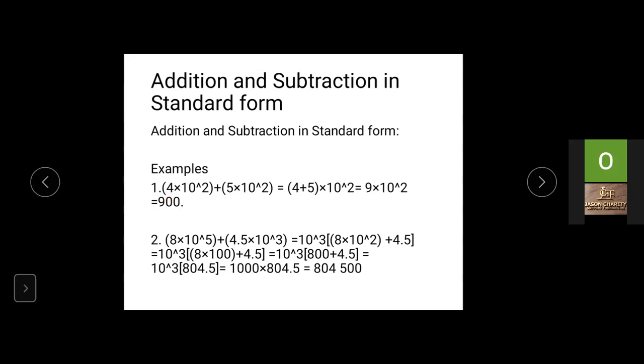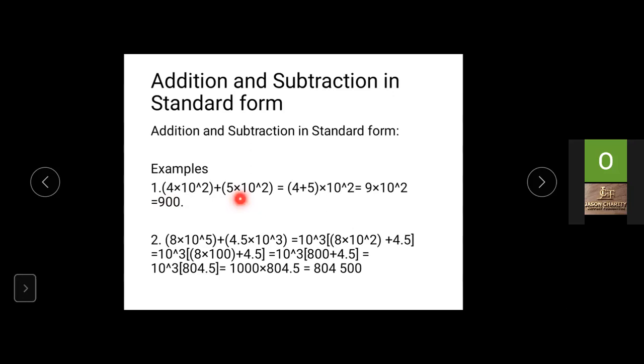Now, when you are dealing with powers or exponents, it is easy to add, subtract, multiply, or divide when you are working with the same power. Looking at this first example, we have 4 times 10 raised to the power of 2 plus 5 times 10 raised to the power of 2.